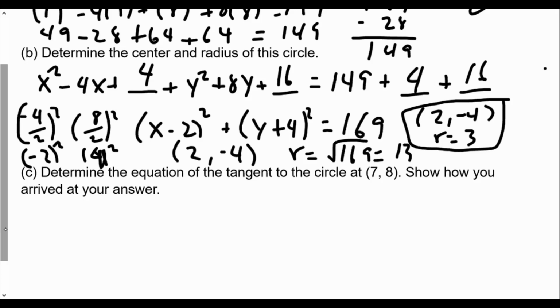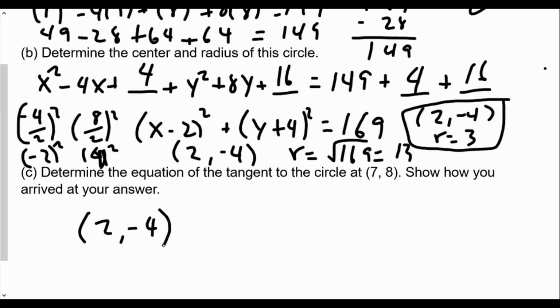And then finally, what we want to do is determine the equation of the tangent line at (7, 8). At (7, 8), what we're going to do is take the center of the circle, which we said was (2, negative 4).